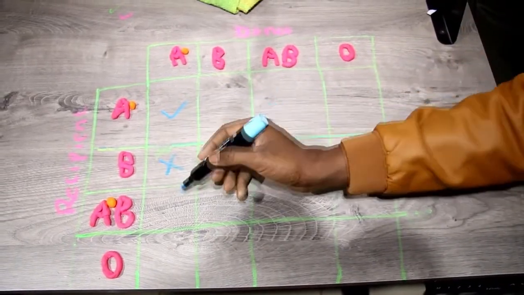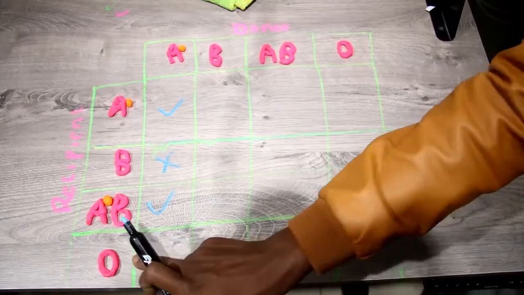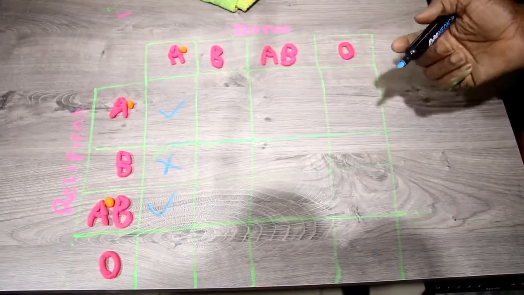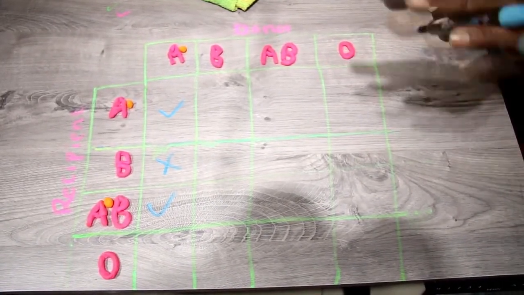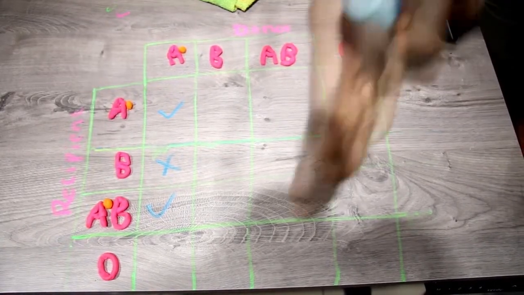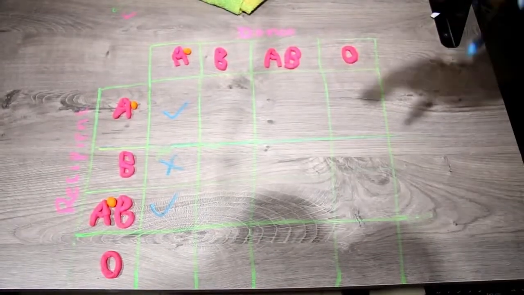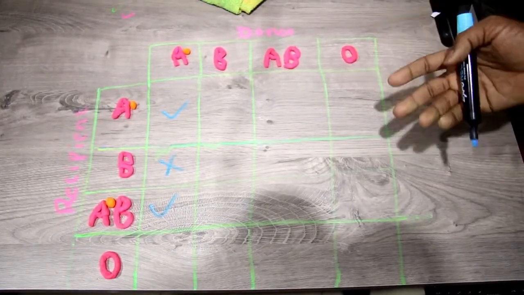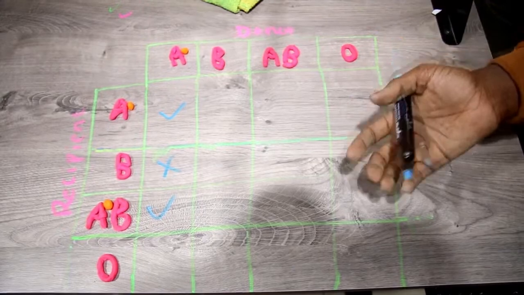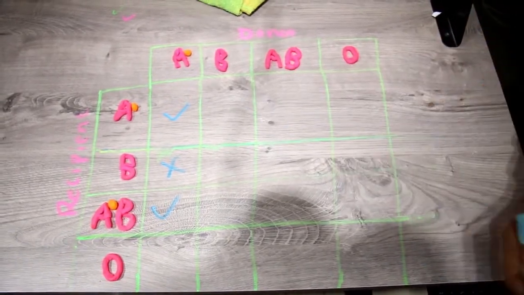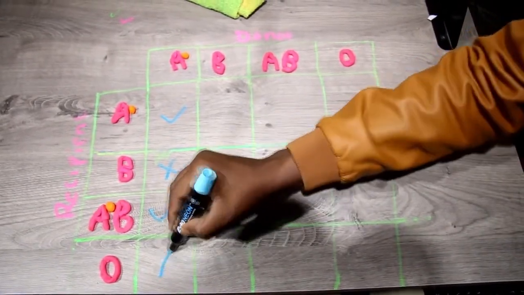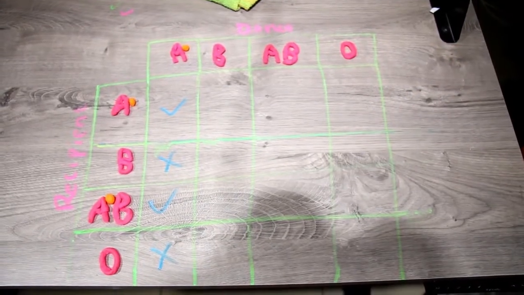So we put a tick. How about O? O we can't, because O has no antigen. And if you introduce something new, A antigens, into blood that has no antigens, there will be that reaction, and we don't want that reaction. So we put an X. Up to there, is it clear?